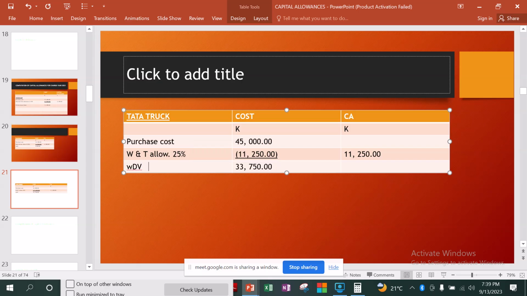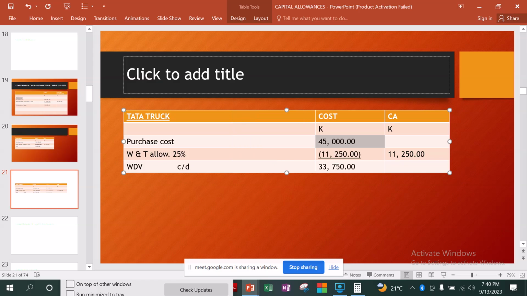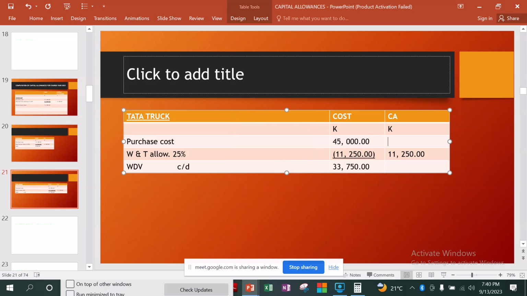Normally we put carried down. Okay, carried down, like that. So we have this one for the Tata truck.